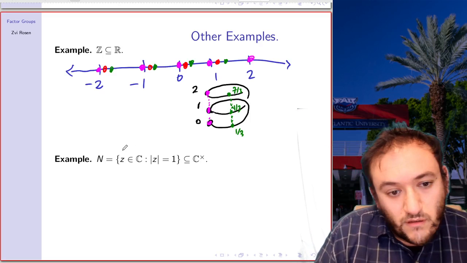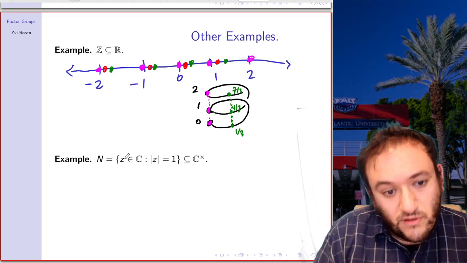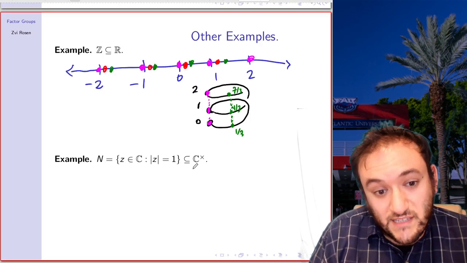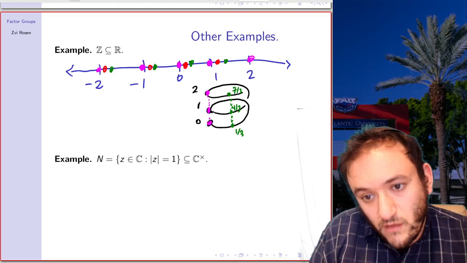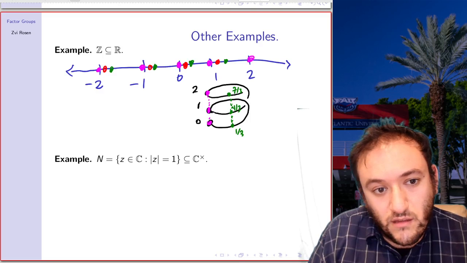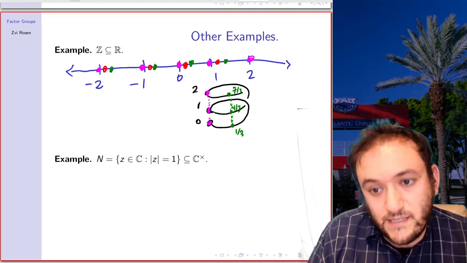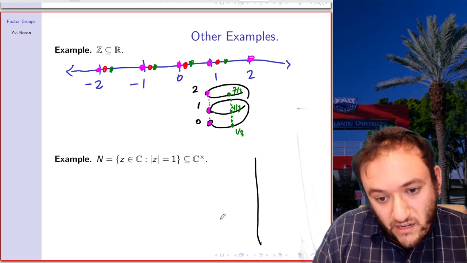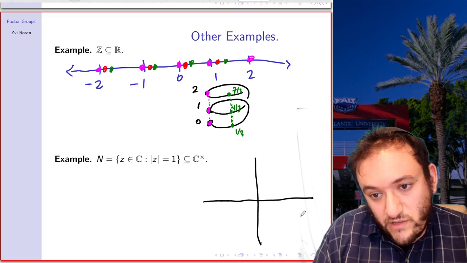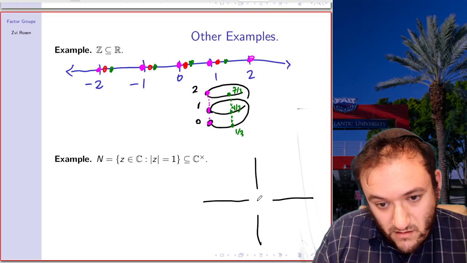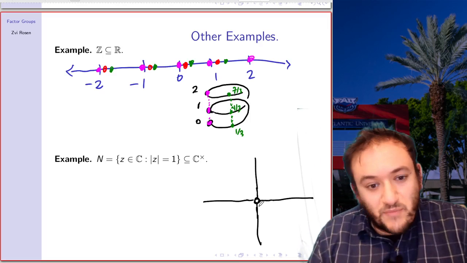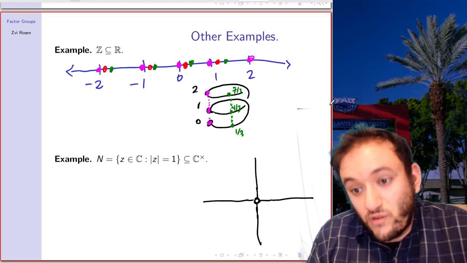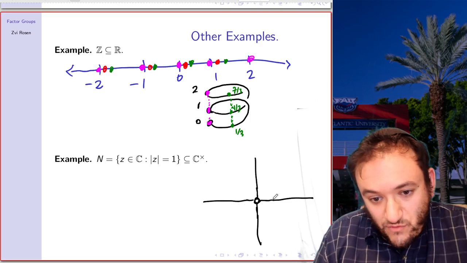Okay, how about the multiplicative complex numbers and the normal subgroup of numbers whose norm is 1? So what do we think about the quotients here? So let's draw a complex plane. Okay, so we're going to omit the 0. And we're saying basically that two numbers are equivalent if their norm is the same, right? So what does that do for us here?